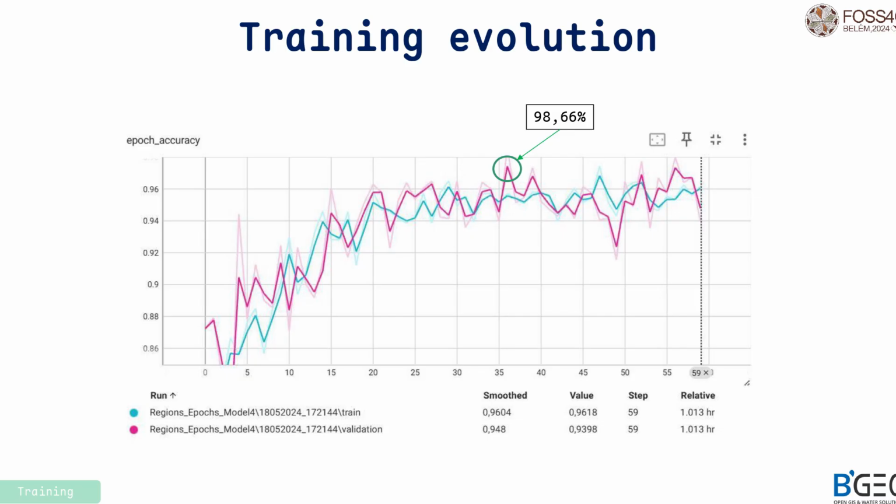This is very good. This means we have neither overfitting nor underfitting, so we're on track to having a very good model. And the highest accuracy we managed was 98.66%, which is also very nice.